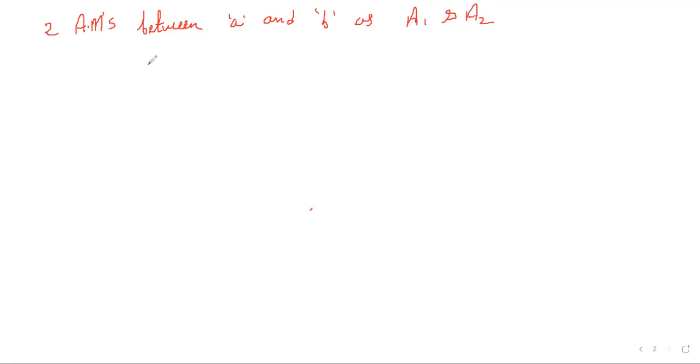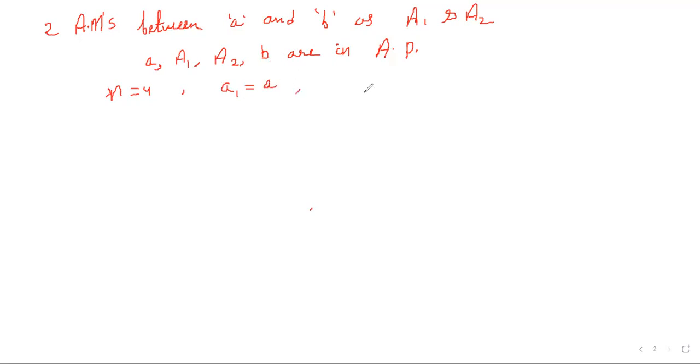It means a, A1, A2, b are in AP. Means there are four numbers in this AP. Number of terms is 4. And first term, which we mostly denote by a, is a.